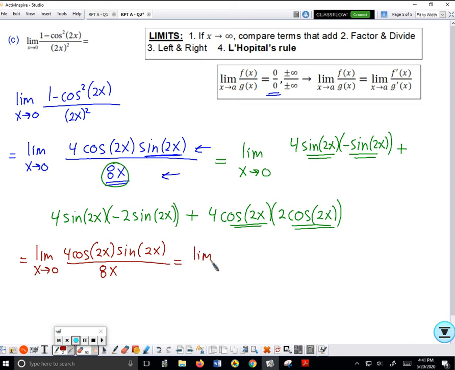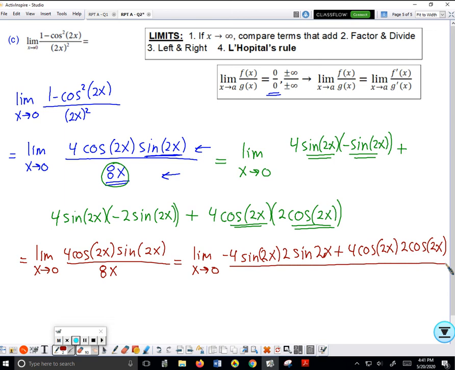The limit as x approaches 0 of this big mess here, 4 negative sine of 2x multiplied by 2 sine of 2x plus 4 cosine of 2x multiplied by 2 cosine of 2x, all divided by the derivative of 8x, which is just 8, and that limit does turn out to be 1, which gets you one more point.